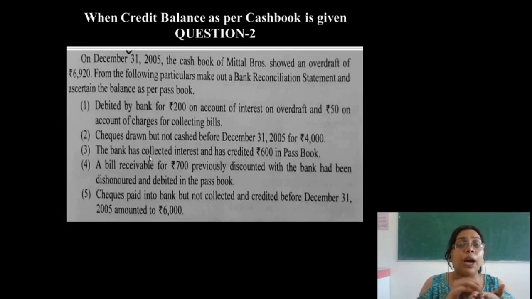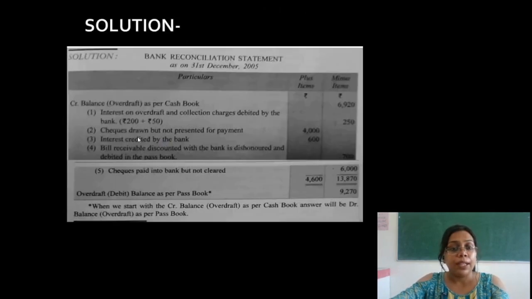So what I'll do now, I will deduct this 200 rupees and rupees 50 from the bank column of my cash book. Interest on overdraft and collection charges debited by the bank: they have written altogether the amount as 250.